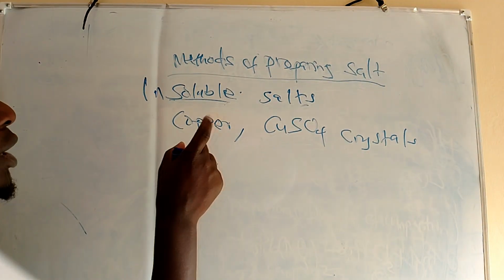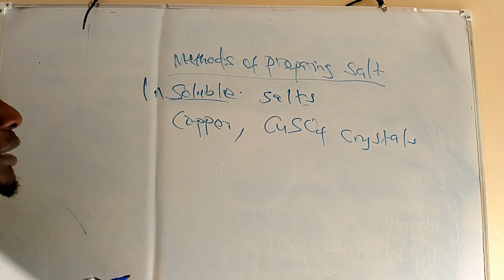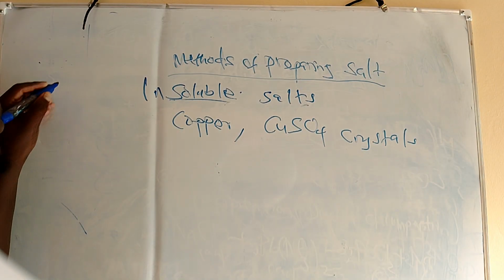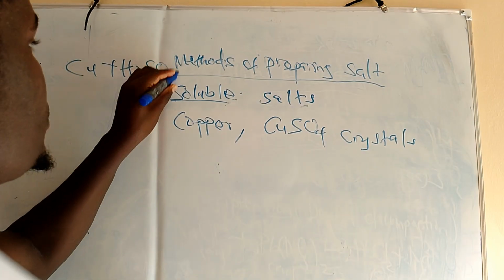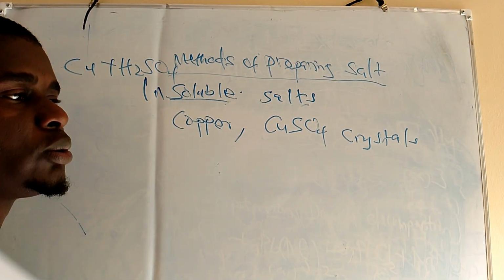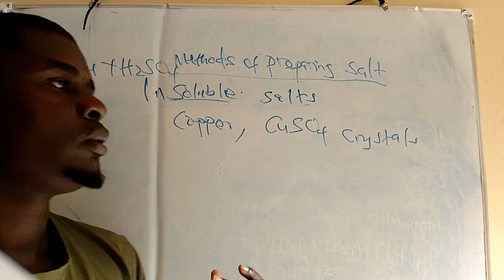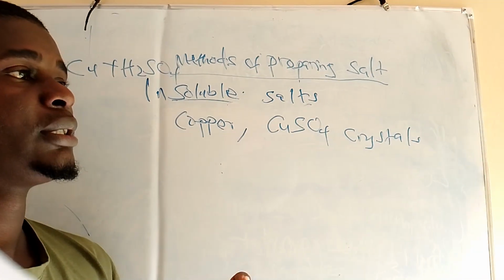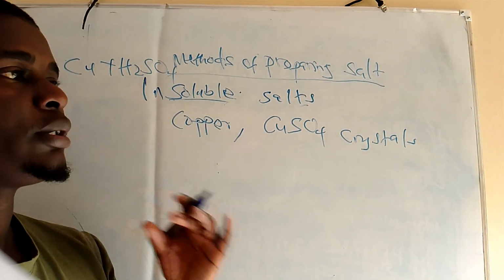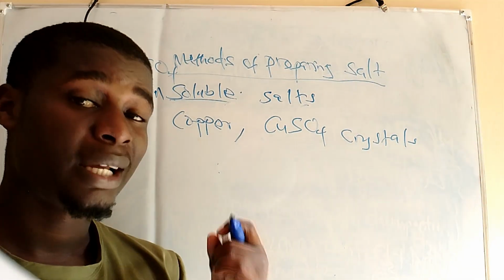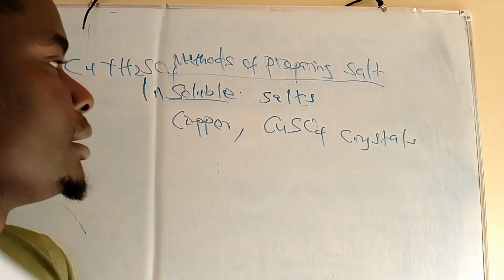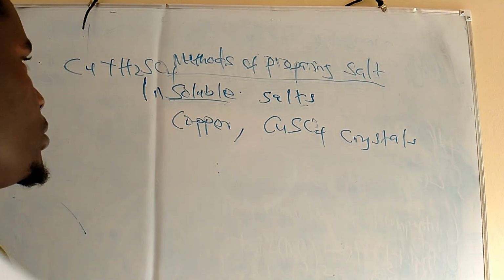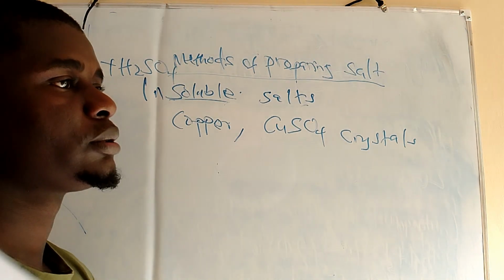We are saying that you cannot directly have the reaction between copper and dilute sulfuric acid to give you copper 2 sulfate, because copper is below hydrogen in the reactivity series. So it cannot displace hydrogen from that acid. So we cannot have a reaction between copper and dilute sulfuric acid.